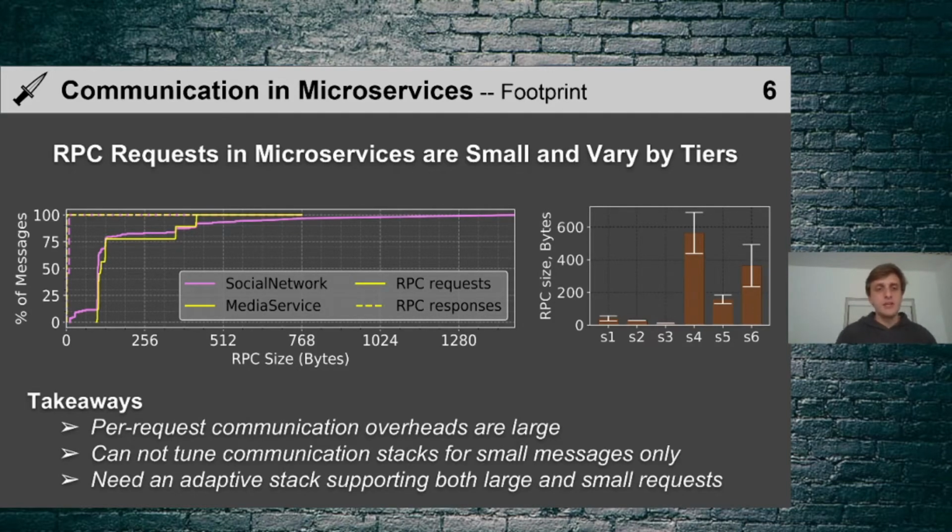These results show that per-request communication overheads in microservices are large due to the fine granular nature of requests. And we cannot just tune communication stacks for small messages only, so we need an adaptive stack that efficiently supports both the large and small requests.